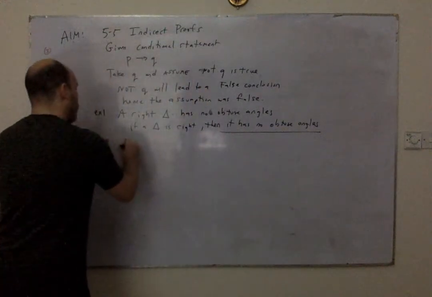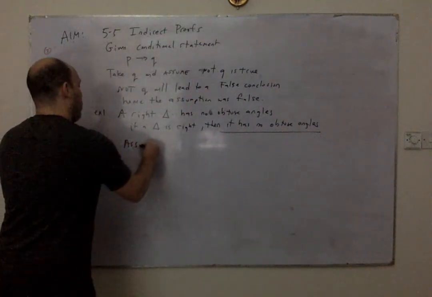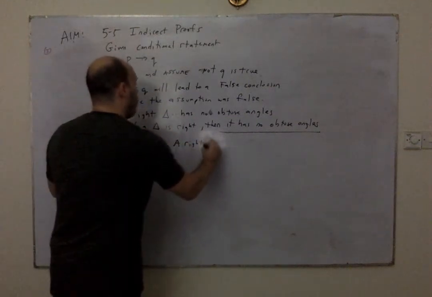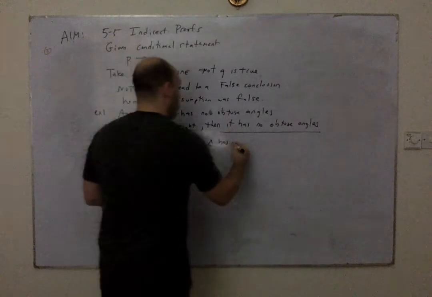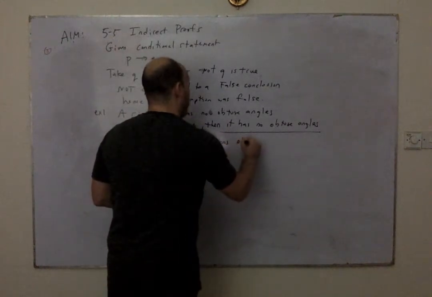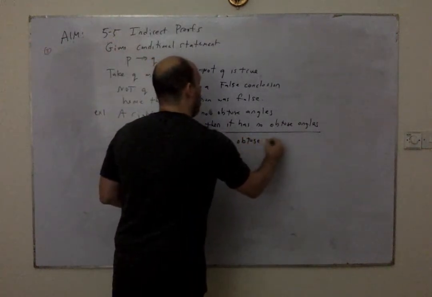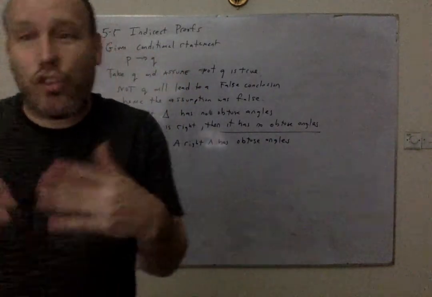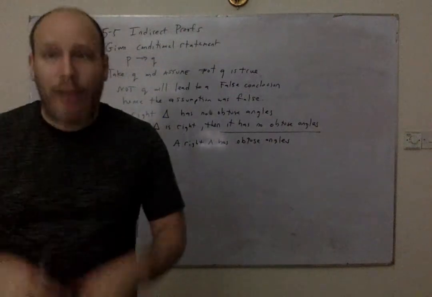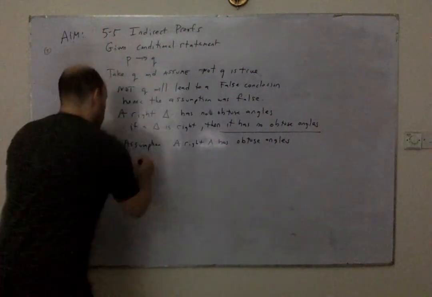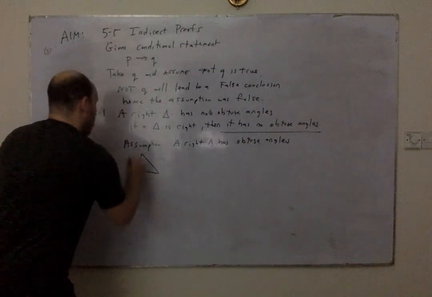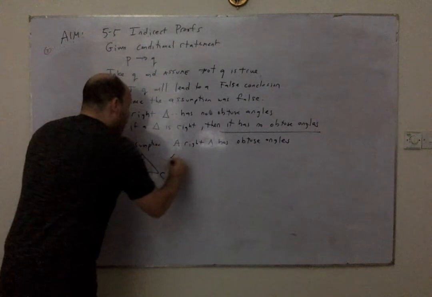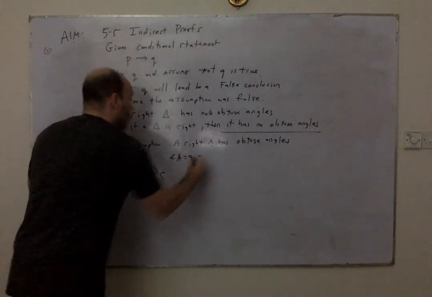Say, okay, assumption: a right triangle has obtuse angles. Well, let's work through it. Let's assume that's true. Let's assume I have a right triangle A, B, C. I'm going to let angle A equal 90 degrees.